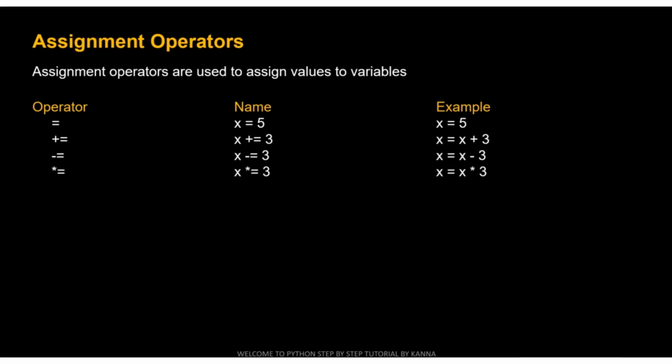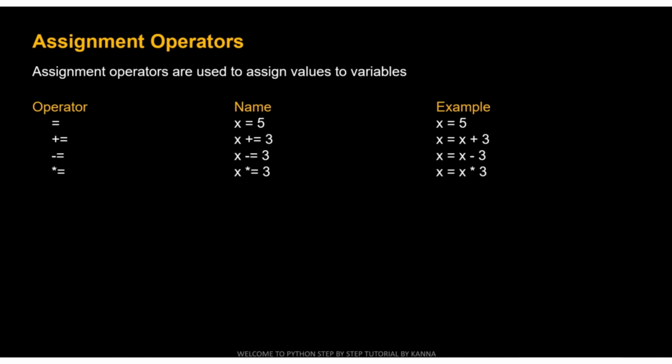Fourth example is multiply and assign. Performing multiplication and assigning the result to x. Multiplying x value with 3 and storing the result in x only. We can represent this as x = x * 3. The existing x value is 5.